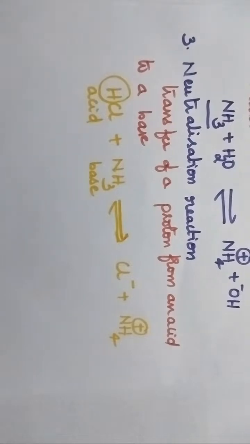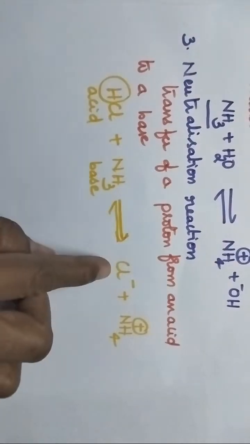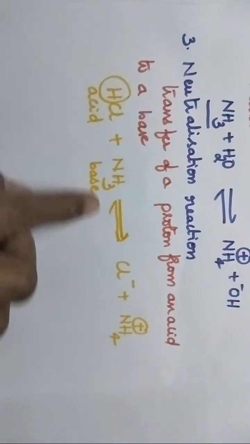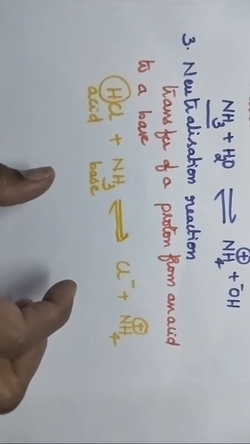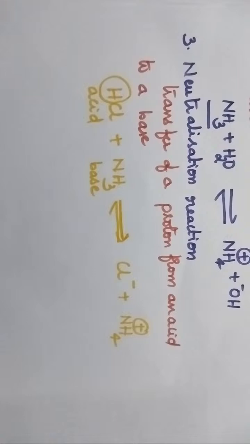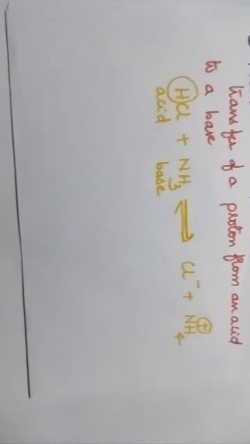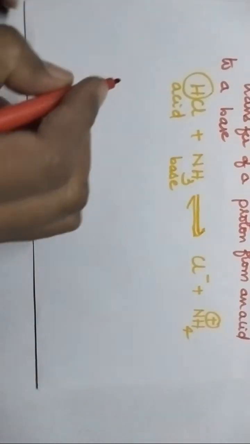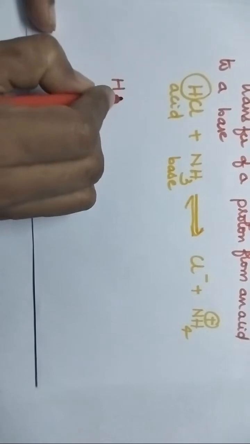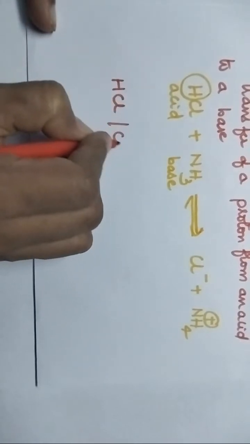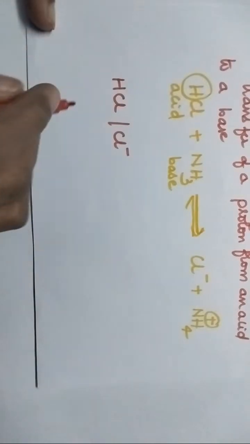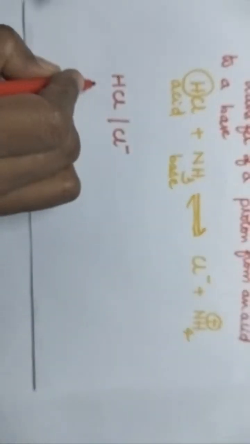So when you carefully observe HCl and Cl minus, NH3 and NH4 plus, what can we observe? Let us see these two pairs. When we consider HCl, Cl minus and ammonia and ammonium ion, what is the difference between HCl and Cl minus?